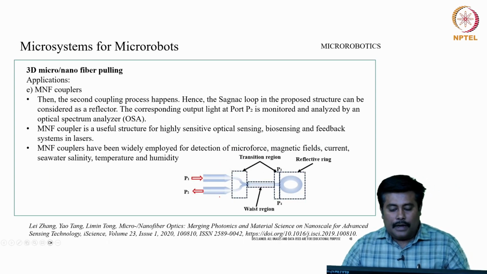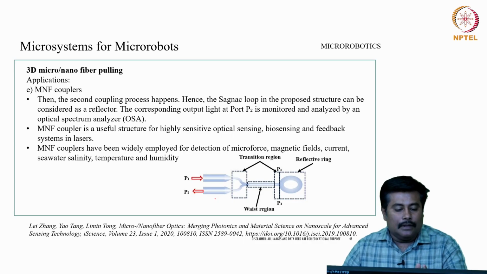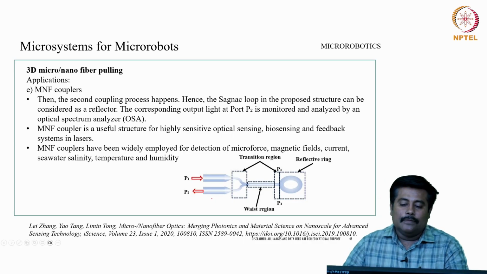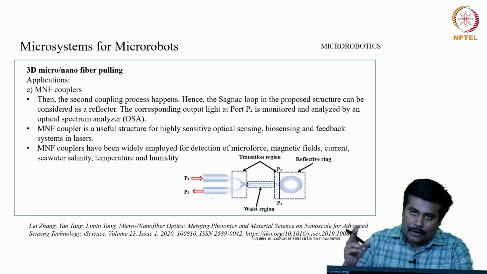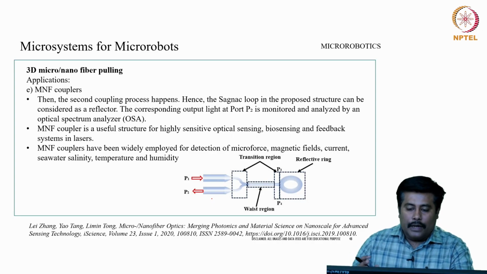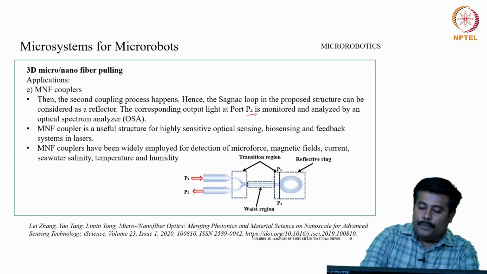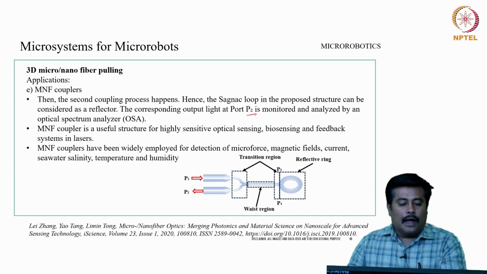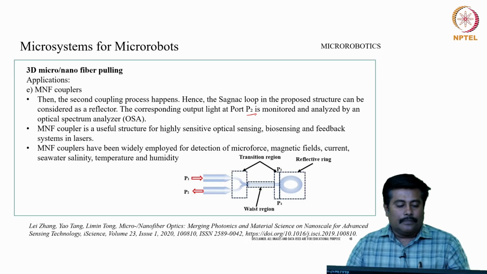Now, when the second coupling happens, the Sagnac loop in the proposed structure can be considered as a reflector. The corresponding output light at port P2 is monitored and analyzed by an optical spectrum analyzer.